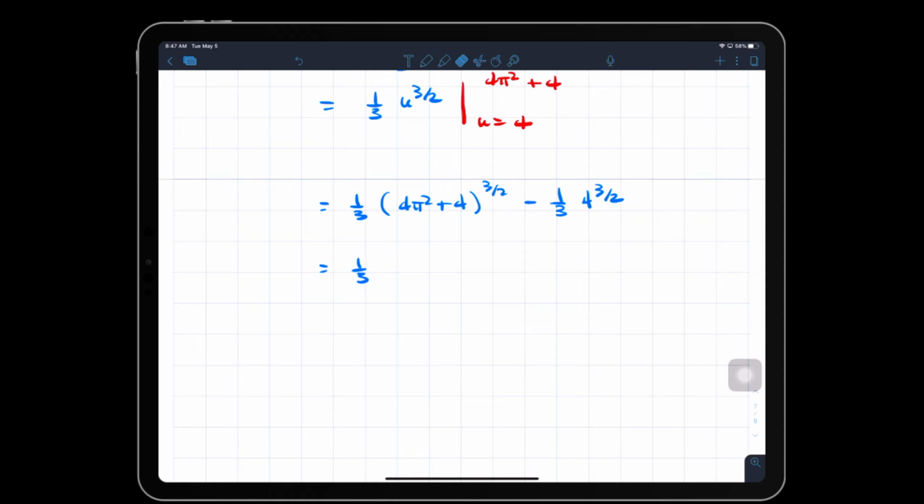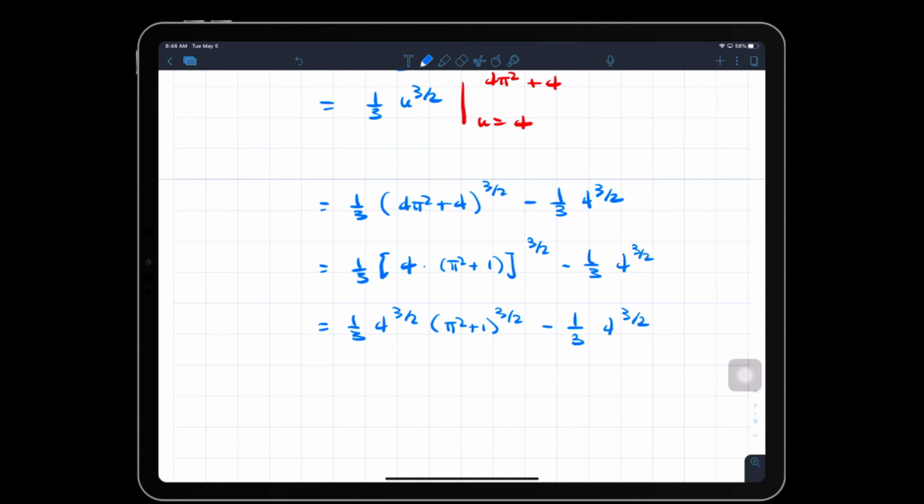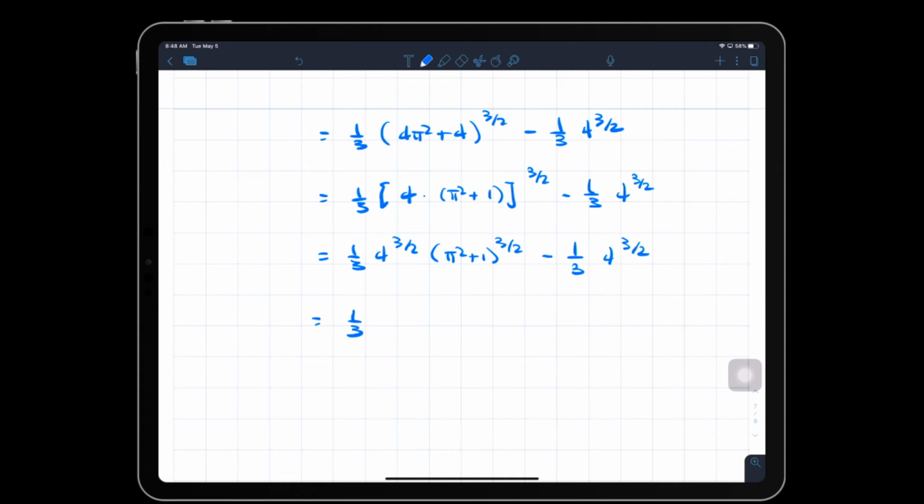So I got 1/3 here, and I can say 4 now times pi squared plus 1, that was to the 3/2, minus 1/3 4 to the 3/2, which is 1/3 4 to the 3/2 times pi squared plus 1 to the 3/2 minus that 1/3 4 to the 3/2, and then we can factor out the 1/3 4 to the 3/2, and we're left with really pi squared plus 1 to the 3/2 minus 1.